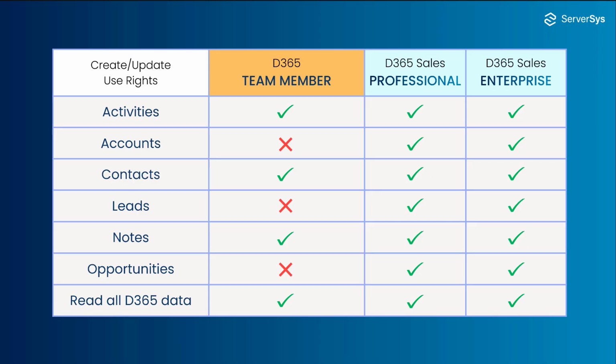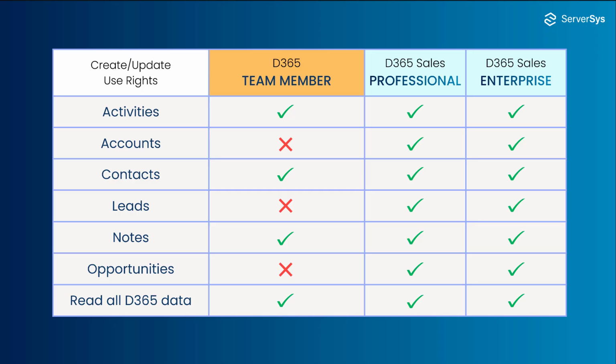Another option is the Dynamics 365 Team Member license, which provides read-only access to sales data and allows users to perform basic tasks such as creating or updating contacts, adding notes, and scheduling activities.